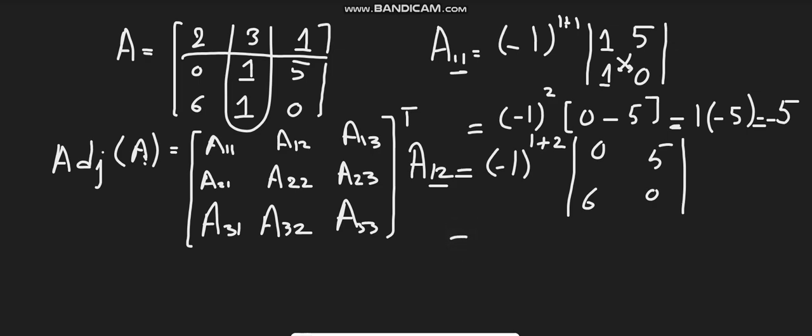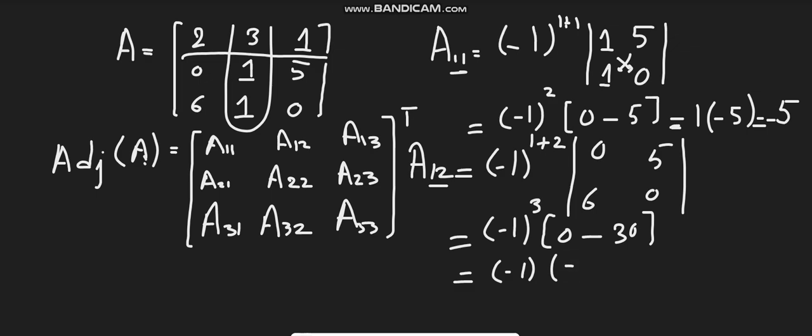Minus 1 raised to power 3 is an odd number, and here you will do 0 into 0 is 0, then minus 6 into 5 is equal to 30. So this becomes minus 1 since it's an odd power, and then minus 30, which becomes plus 30.